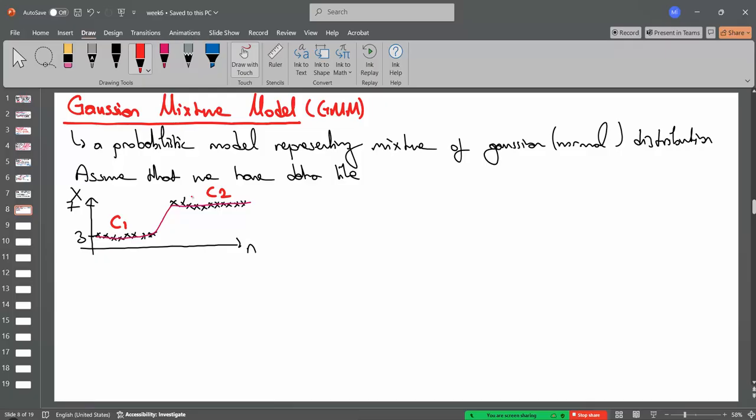We don't know class 1 or class 2, but we should know that C1 and C2 are different.